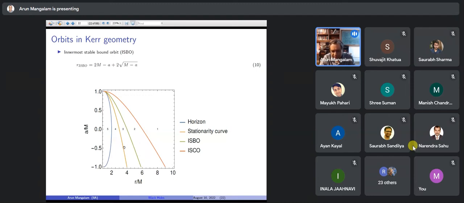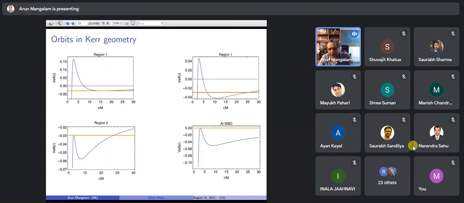And then you can't remain stationary inside this. And then this blue thing is the horizon. So once you're inside the horizon, you can't come out. So between the horizon and the stationary curve, this region is called the ergosphere, and I'll show you what that is.